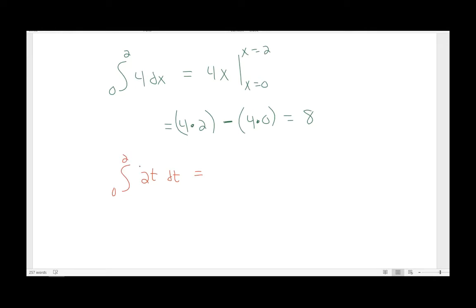What do I take the derivative of to get 2t? t squared. We already knew this from our first exploration. Then I evaluate as t goes from 0 to 2, my upper and lower limits. The fundamental theorem says plug in the upper limit, so I have 2 squared, then plug in the lower limit and subtract those. I get 4 in this case, which was the answer we got from number 2, part A.